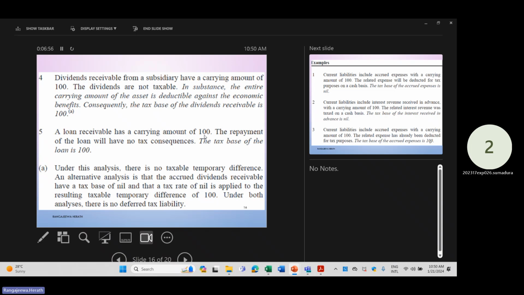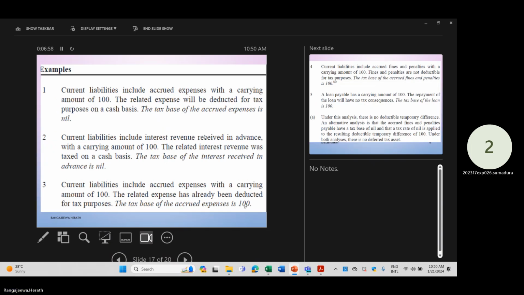Then you can take this for liabilities also. Now current liabilities include accrued expenses with the carrying amount 100. Related expenses will be deductible for tax purposes on a cash basis. Salary, just assume, is deductible only when it is paid. That is the tax law. You have accrued salary not paid.